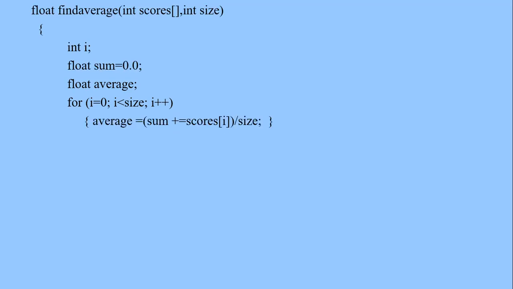So this loop will do the addition for the scores and compute the average, and that process of computing sum, dividing by size, and assigning the value in the memory location called average will continue until the value of I is not less than size.